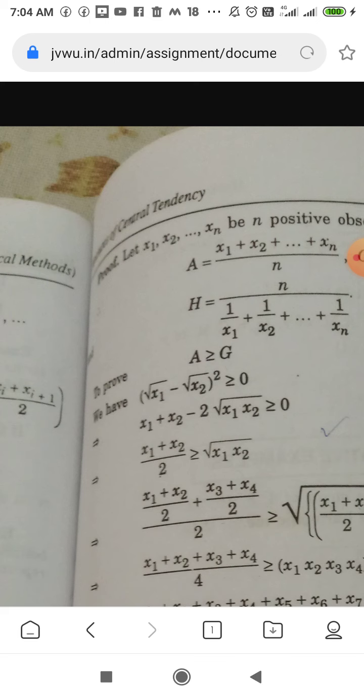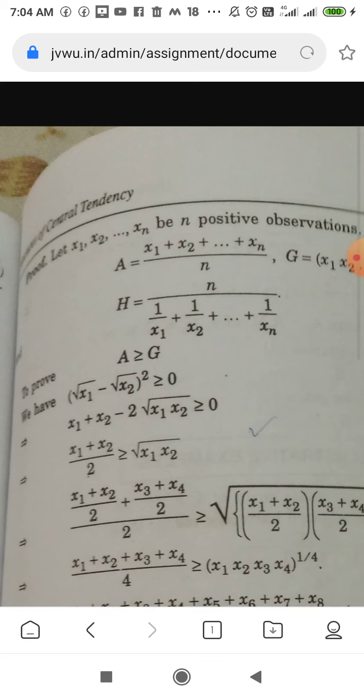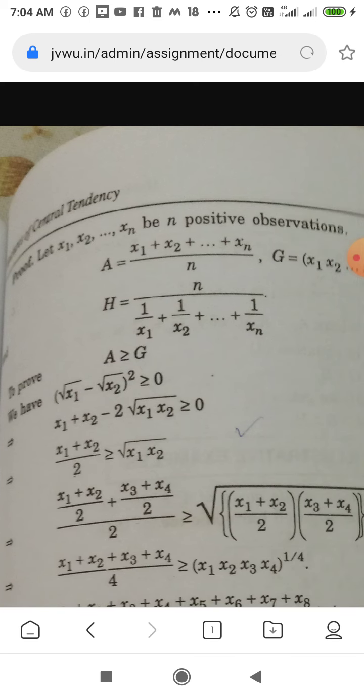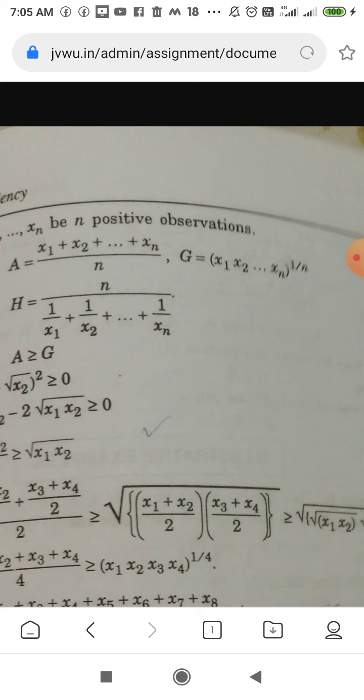Suppose we have n numbers in the series x1, x2, ..., xn. Then we know well A will be x1 plus x2 plus dot dot dot xn upon n. H is equal to n upon 1 upon x1 plus 1 upon x2 plus dot dot dot 1 upon xn, and G is equal to x1 x2 dot dot dot xn, whole power 1 by n.